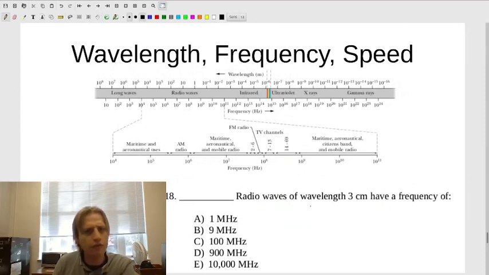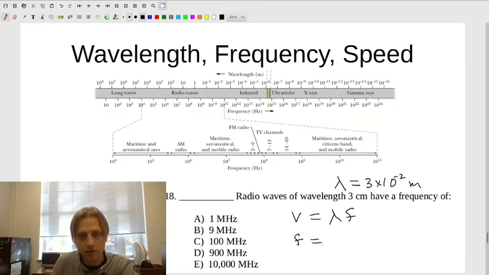So if we want to talk about the wavelengths of different light waves, we could use our phase velocity, v equals wavelength times frequency. Okay, and if we want to find the frequency of a wave with a wavelength of 3 centimeters, so this would be 3 times 10 to the minus 2 meters, we could use frequency equals speed over wavelength.